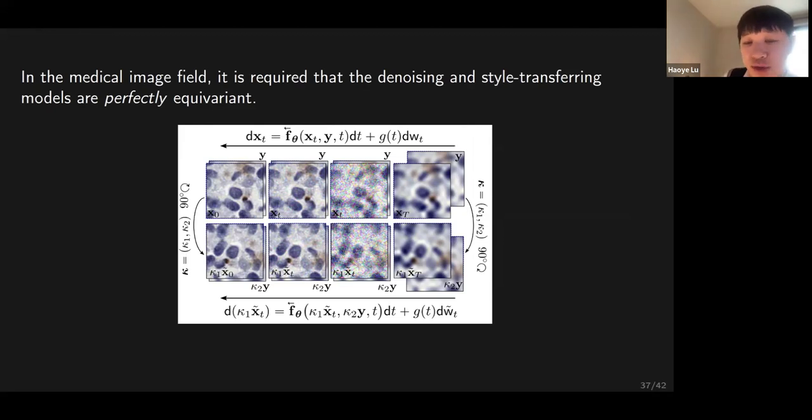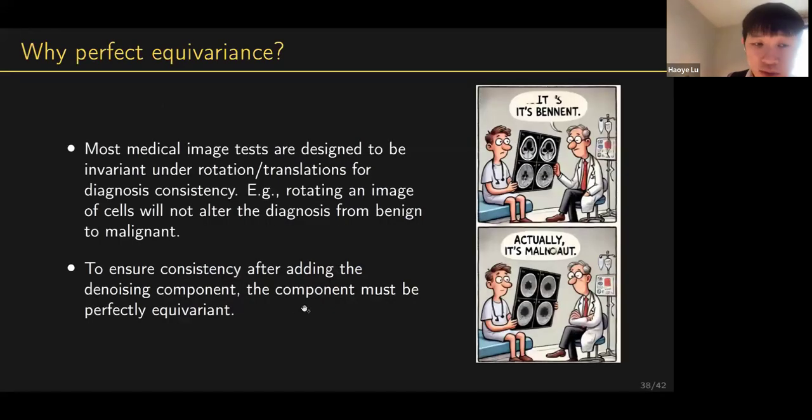That basically means if I rotate an image, for example, a blurry image of cells by 90 degrees, I want the output image to be rotated precisely by 90 degrees as well. Why is this the case? This is because most medical image tests are designed to be invariant to rotation and translation for diagnostic consistency. So basically, we don't want rotating an image of cells to change the diagnostic result from benign to malignant if we want to detect cancer.